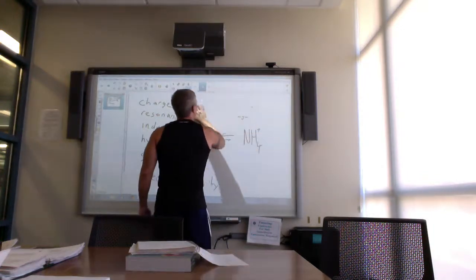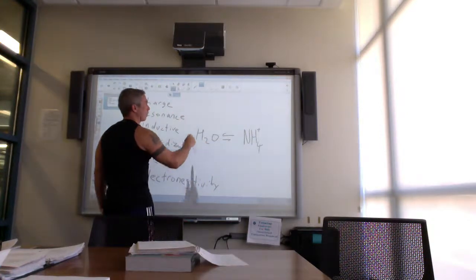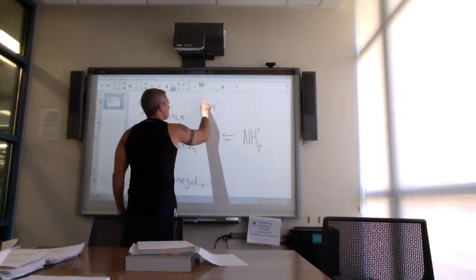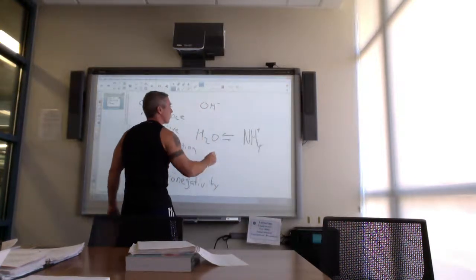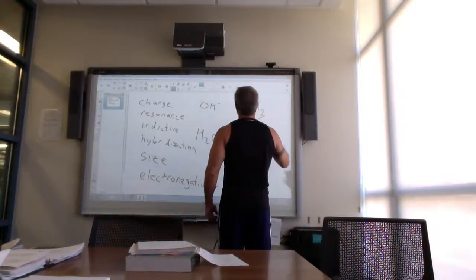Now, looking at these in other ways, pull the H off this. What are you left with? OH negative, right? Pull the H off this, and NH3 is what that looks like.